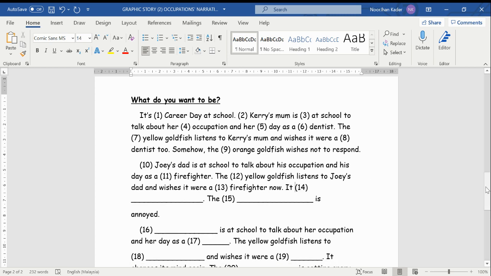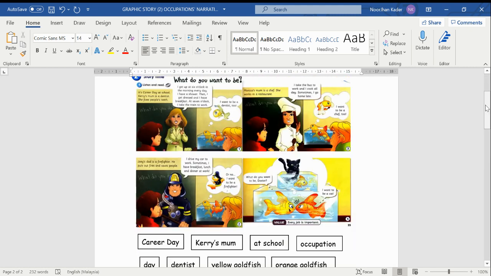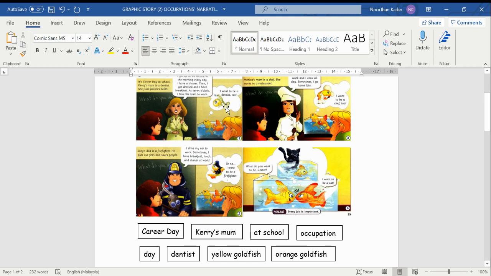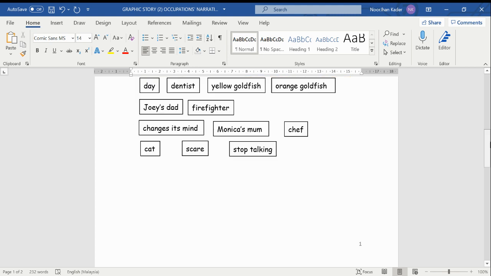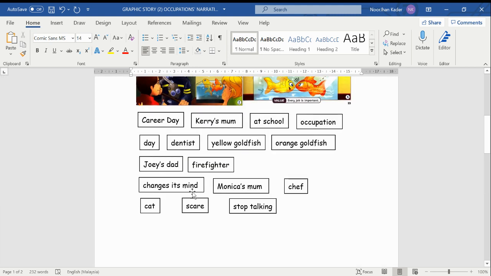What does it do? First, it wanted to become a dentist. I want to be a dentist. Now, I want to be a firefighter. So it changes its mind.